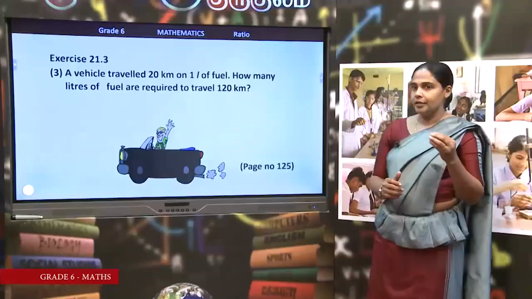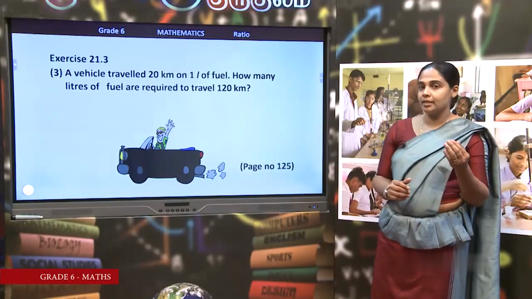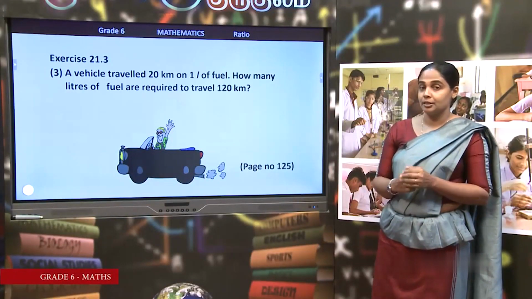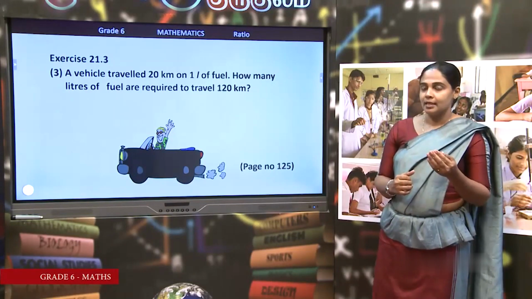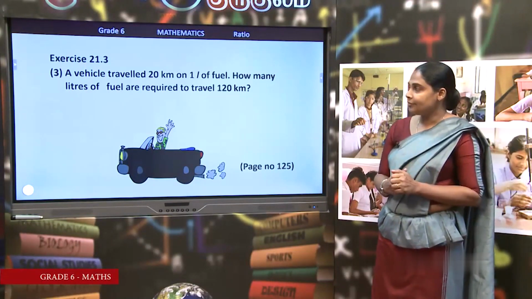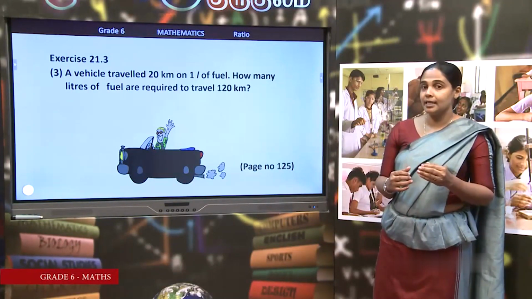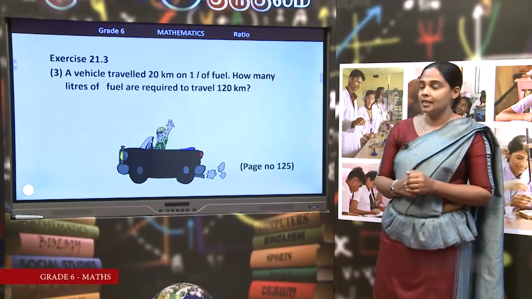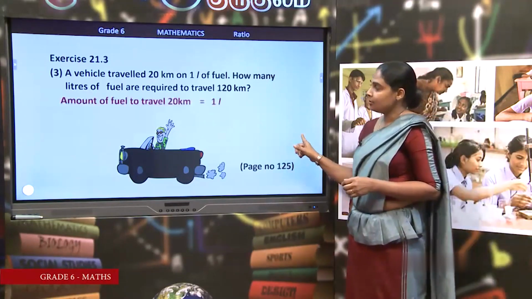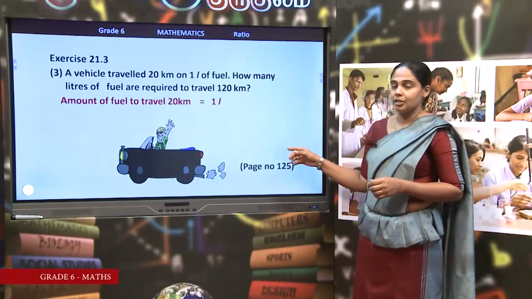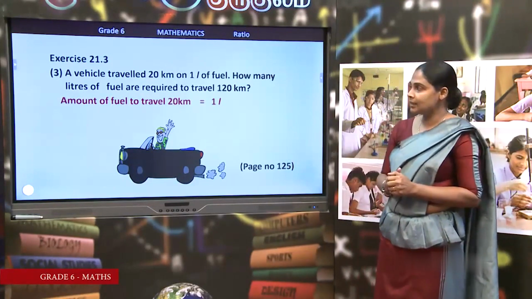If it is 40 kilometers, what is the amount of fuel? It should be 2 liters. Using that method, we can find out how many piles of 20 are there in 120. Then let's use the method of division.